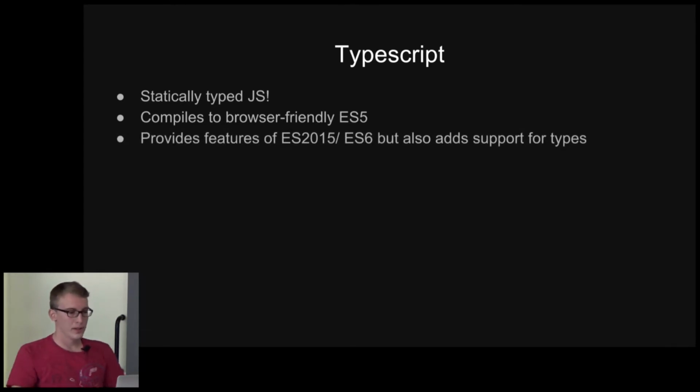TypeScript follows along with ECMAScript 6, or ES 2015, which is the latest version of JavaScript that not every browser can implement all the features of yet. So it'll give you all those features, and it'll also give you the ability to add custom types, which is really useful.